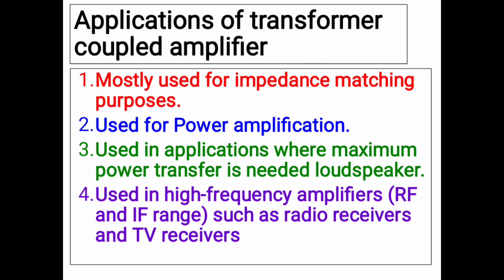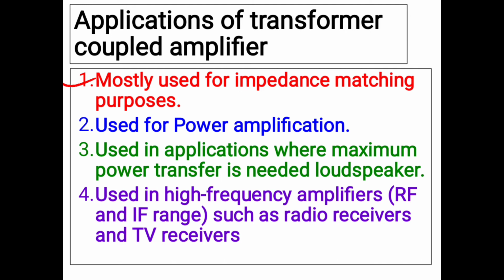Now we will discuss the applications of the transformer coupled amplifier circuit. There are various applications in electronics. The first application is that they are mostly used for impedance matching purposes. For example, in the RC circuit there was poor impedance matching, so we can replace the RC coupling method by the transformer coupling method and take that advantage.